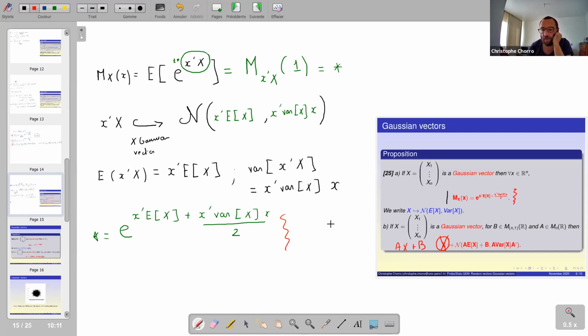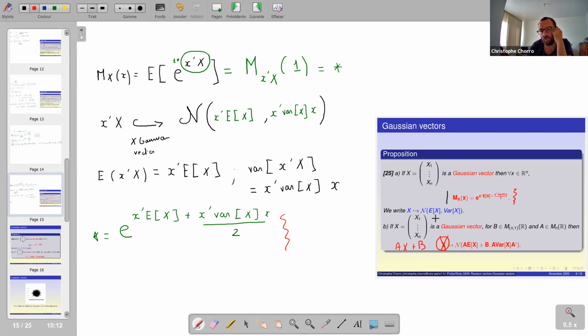And that's why we are going to use this notation for a Gaussian vector. As in the univariate case, a Gaussian distribution may be characterized by two numbers, the mean and the variance. In the case of a Gaussian vector, I see that the moment generating function is perfectly known if I know the vector of the expectations and the variance covariance matrix.